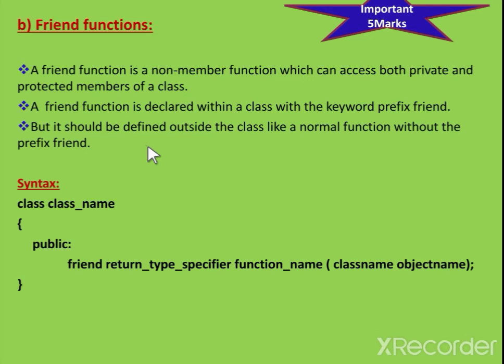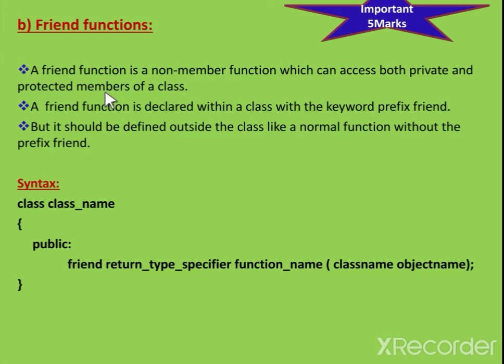So C++ allows the common function to be shared between the two classes by making the common function a friend function to both classes, thereby allowing the function to have access to the private data of both of these classes. That is about what a friend function is.